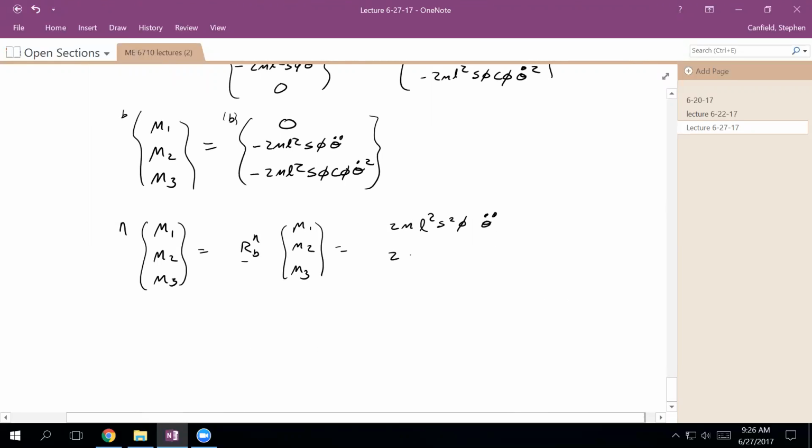You get a 2ml squared sine phi cos phi times a theta dot squared sine theta minus a theta double dot cos theta, and you get a minus 2ml squared sine phi cos phi theta double dot sine theta minus theta dot squared cos theta.